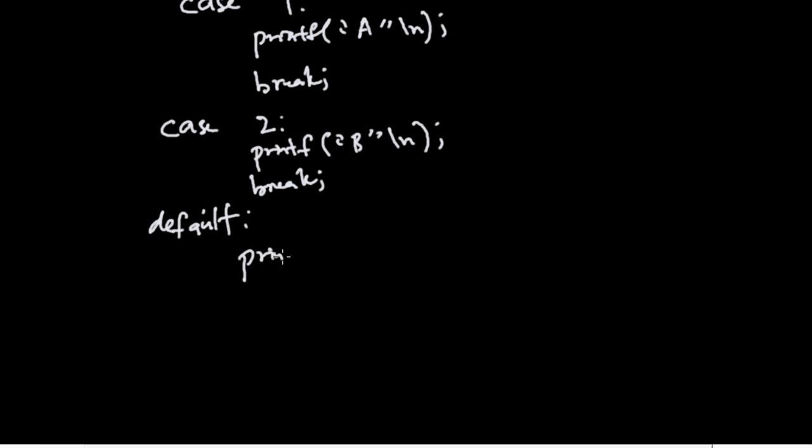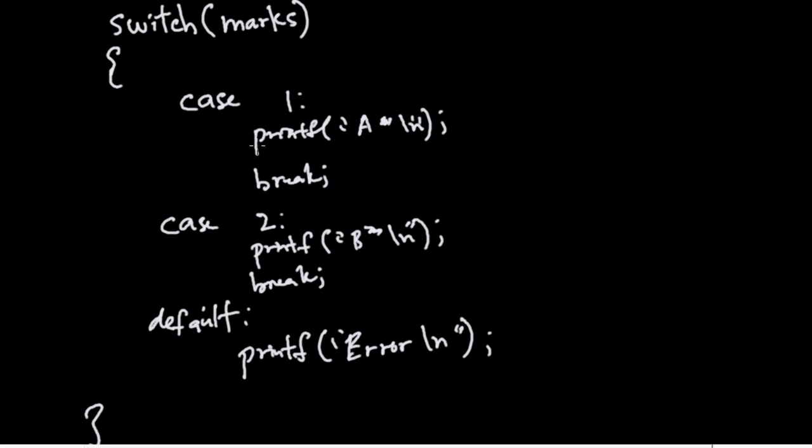Now default printf may be an error because the user can only enter 1 to 5. Sorry, my bad over here. It's supposed to be here. And this is supposed to be here. Semicolon. Now you close the curly brace.